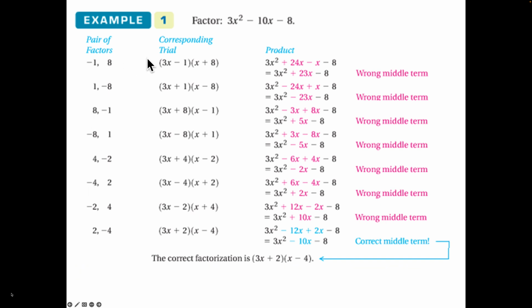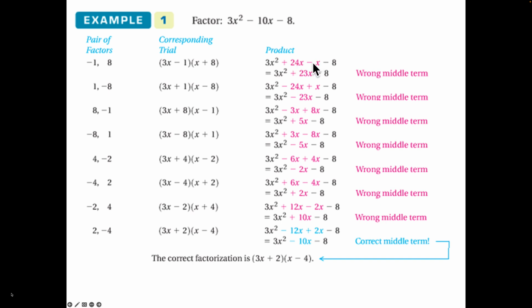We're going to put those all in the parentheses, and we're going to FOIL them out. And they say, well, it's not that hard because all you should really do is multiply the 3x times the 8, the negative 1 times x. You should just do the outside and the inside, combine those together, and see if you get your minus 10x.